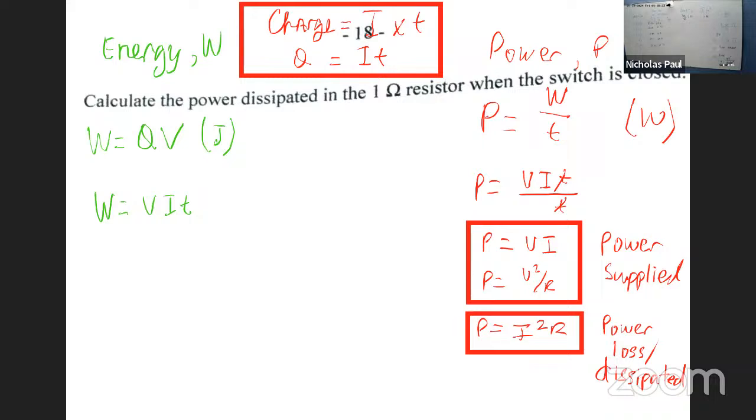Right, use the appropriate formula and find the power loss there now. Vinay, message your answer, please.